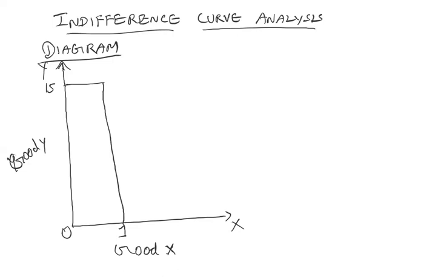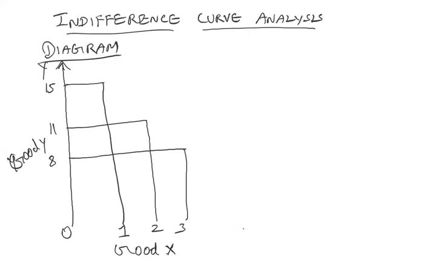Then it decreases to 11 comic books for one additional Barbie doll, and later 8 comic books for 3, and afterwards 6 comic books for one more additional Barbie doll, and finally 5.